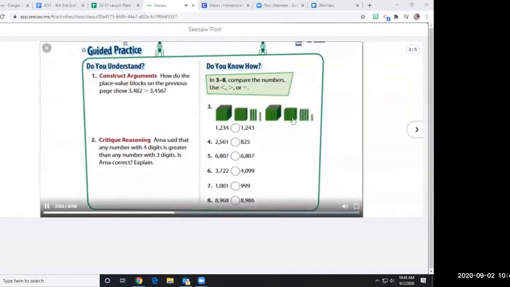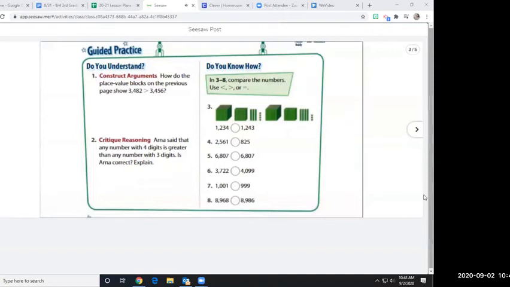Number 3, we can use the place value blocks to compare these two numbers. Again, we can quickly visually see that, I'm going to put a line here so you can see the difference between the two numbers. 1,234 is smaller than 1,243. Quickly, we can see right here is where the difference is.